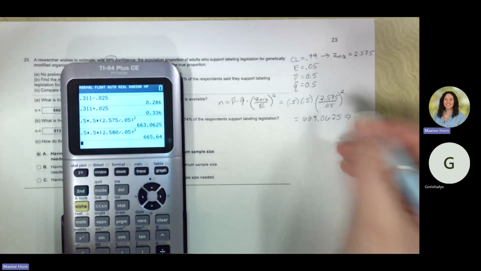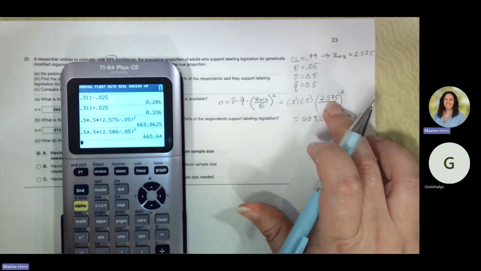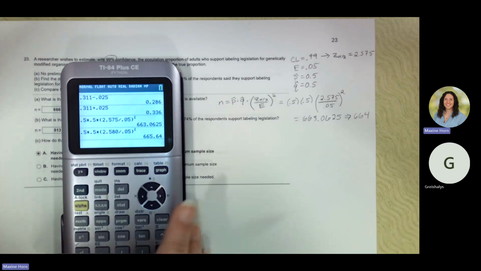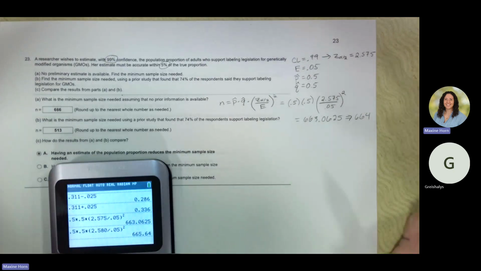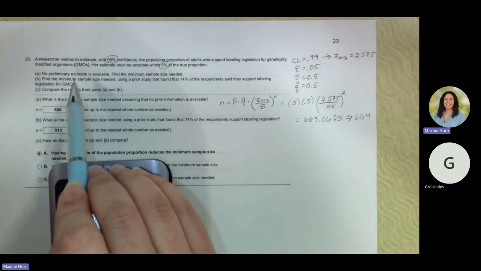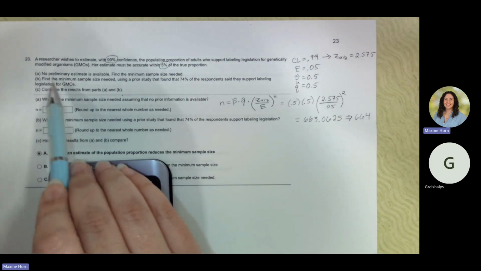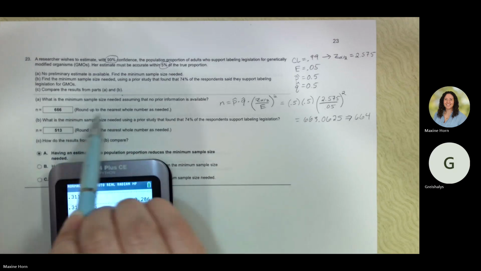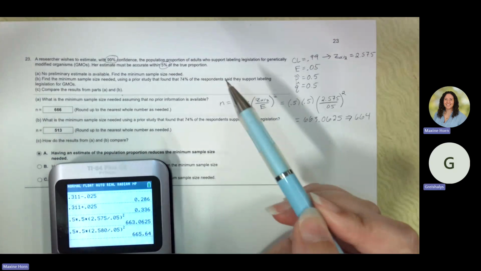So I know we just got this from the table, and I'm not sure if they would actually mark that wrong. Let's see, did they specify that you have to take your z-score to 2 decimals? No, they didn't specify.